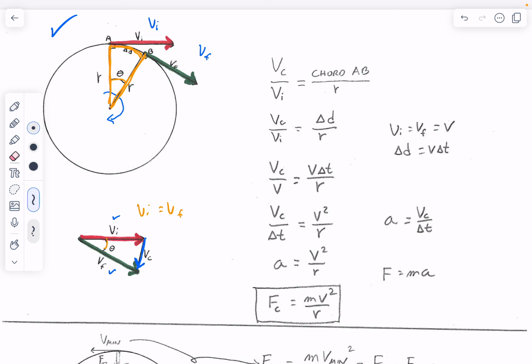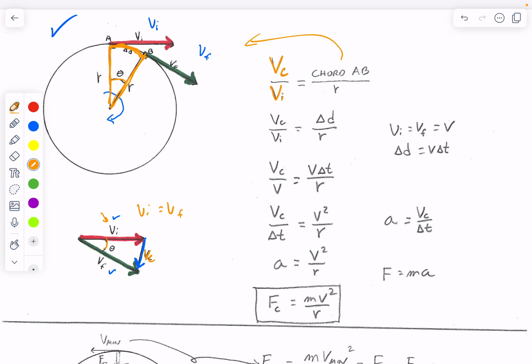And so we can say that my centripetal velocity, which is down here, VC, is to my initial velocity, right there, as in the upper triangle, pictured in orange, we have chord AB, which is this curved area, which is opposite of theta, just like centripetal velocity is opposite of theta, and then it's over the radius r.